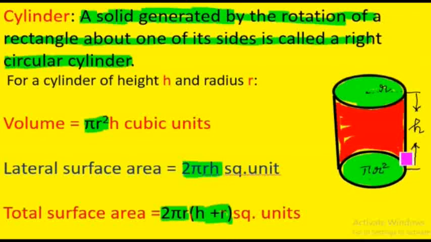So the formula to find the total surface area of the cylinder is 2 pi r into h plus r.